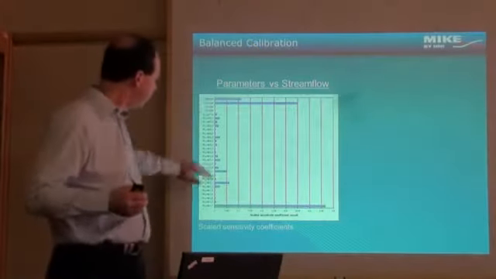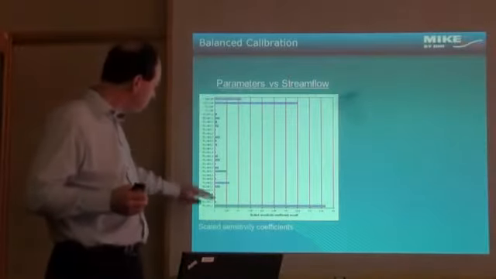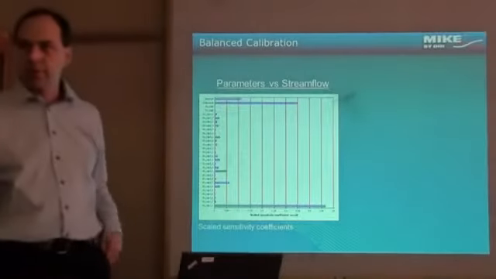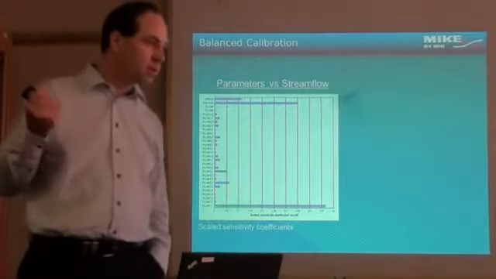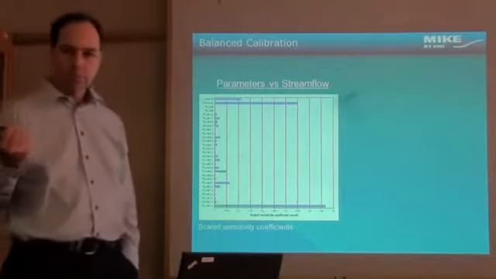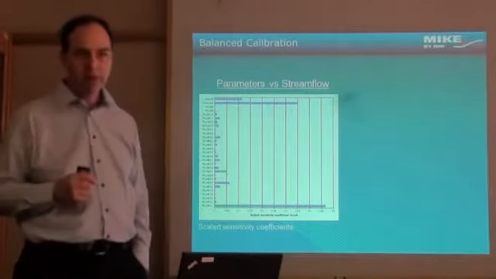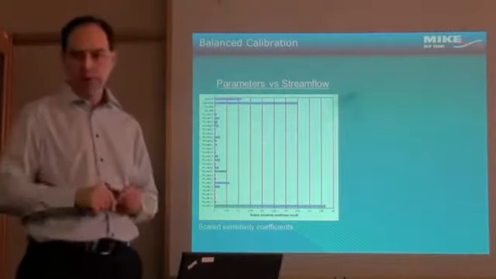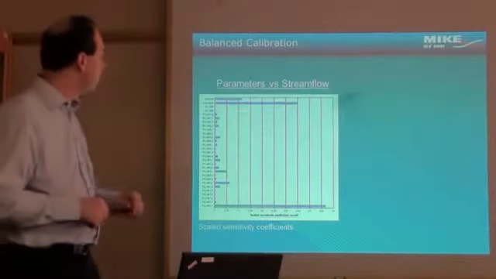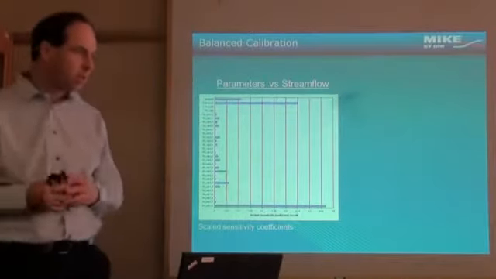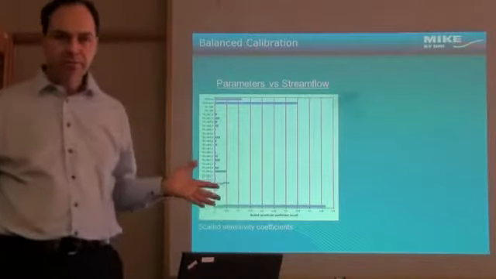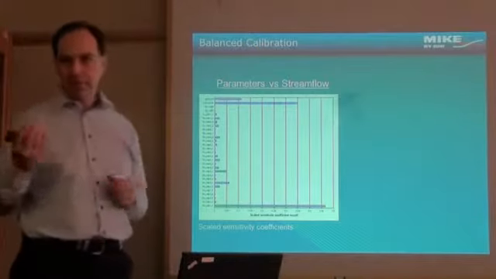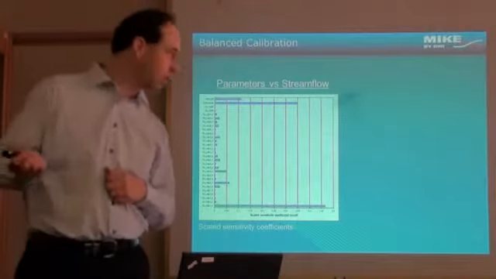Well, if we look at a complex model with multiple layers in the subsurface, then one of the parameters that affects stream flow is stream bed leakage. That's no surprise. So the rate at which water will come out of the stream and into the ground, into the groundwater surface. Also the drainage constant of our drains. So how easy it is for groundwater to get into the drainage network. Those are important parameters that affect calculated stream flow in our models.